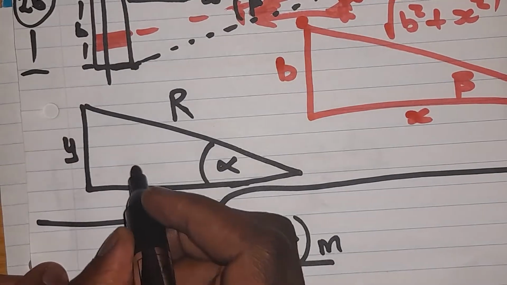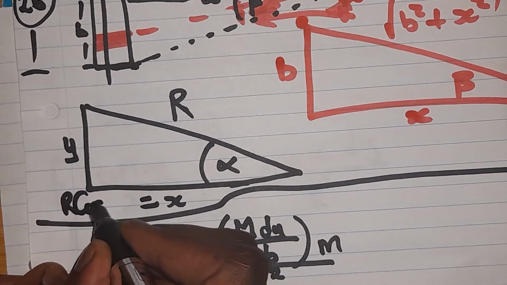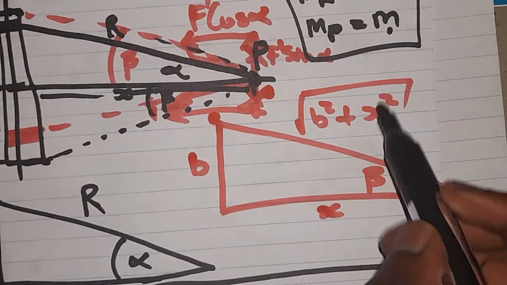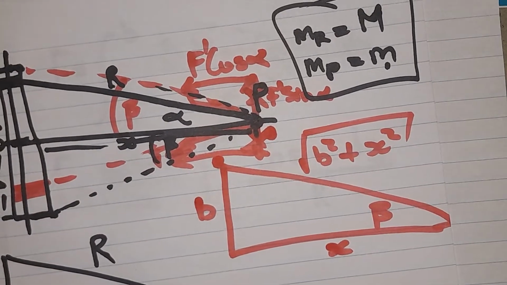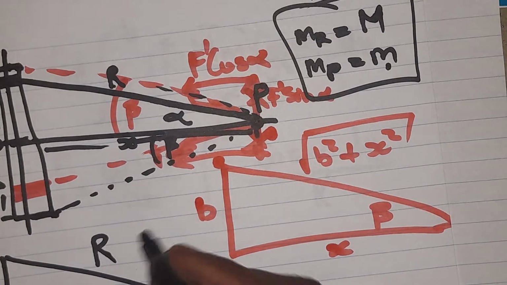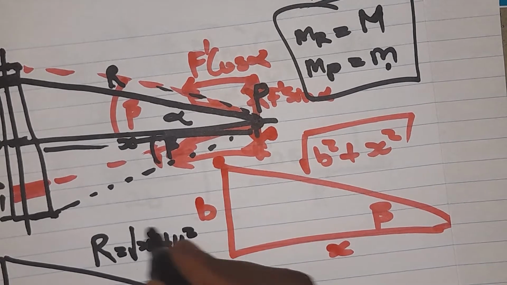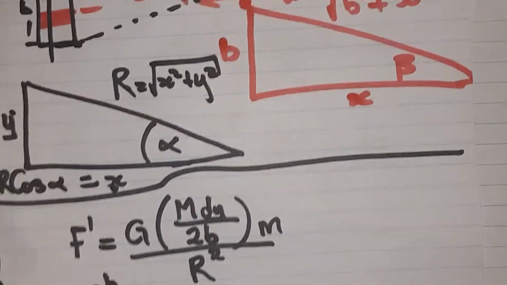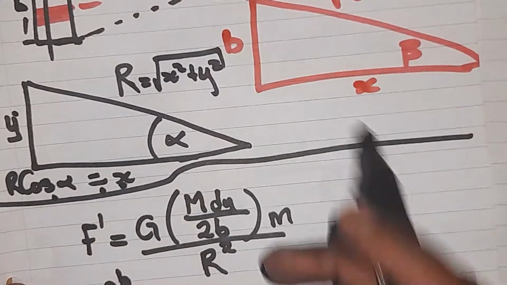These two triangles show us that x is equal to r cos alpha, and r is equal to the root of x squared plus y squared, using Pythagoras' theorem, right? These are our two quantities.